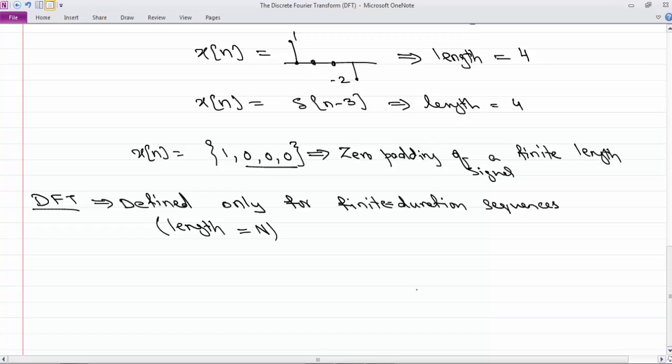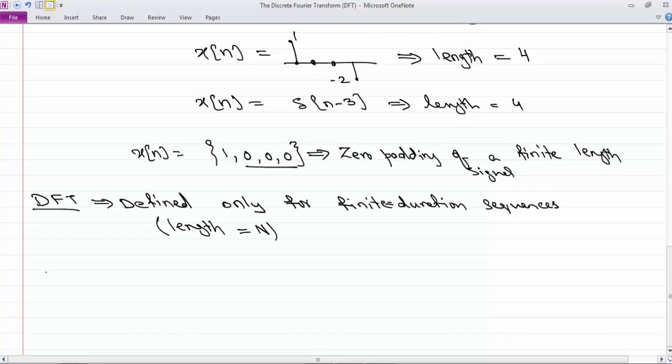Whereas with DTFT, you can compute a DTFT of a unit step. For DFT, we are going to focus only on signals that are finite duration. Why? Because in a computer, we are only going to store finite duration signals anyways.